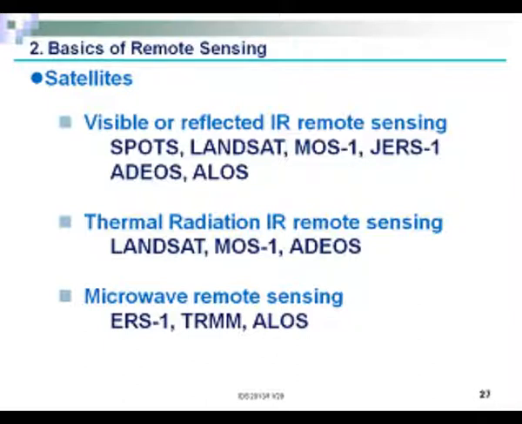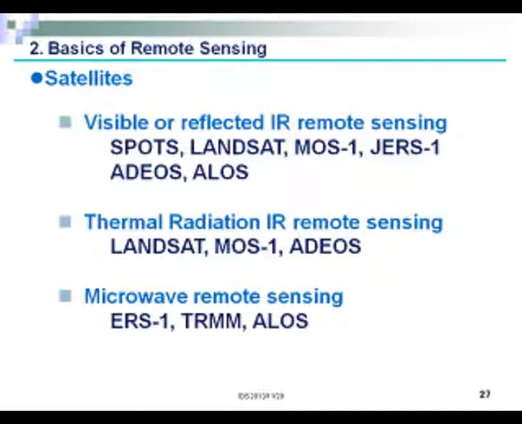The second is the thermal radiation remote sensing method, which uses the thermal IR region around here, based on the far IR region. And the third is microwave, which uses the microwave region.